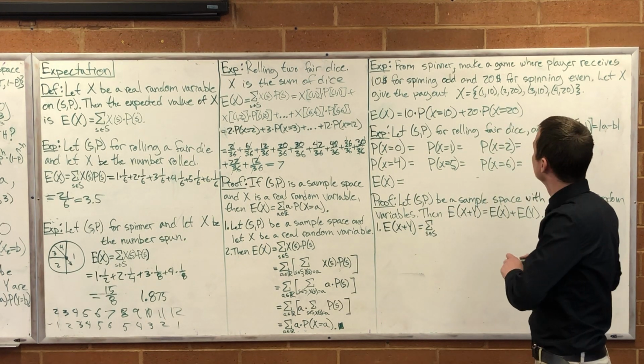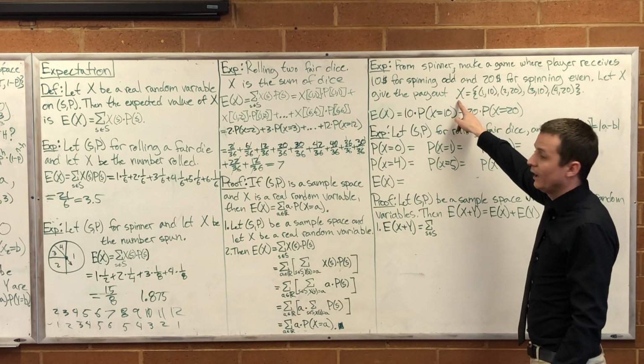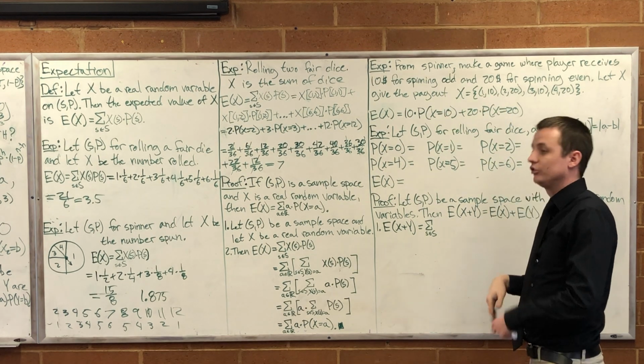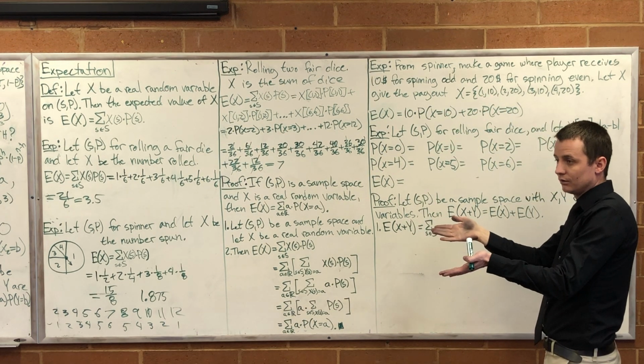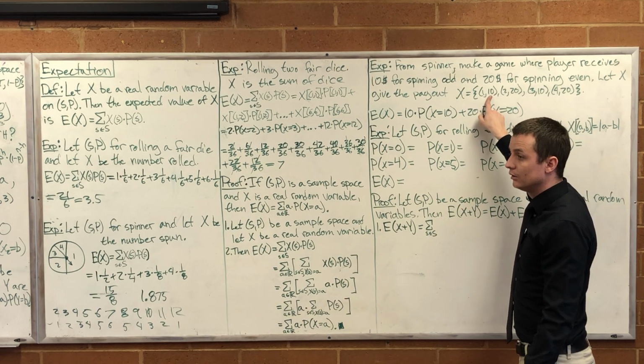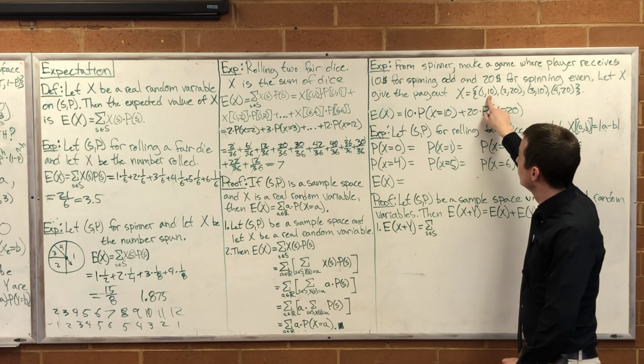What do you mean X is equal to 10? X is my random variable. If you spin a 1, X spits out 10. X gives you how much money you win. So why wouldn't it just be 10 times the probability of X equal to 1?